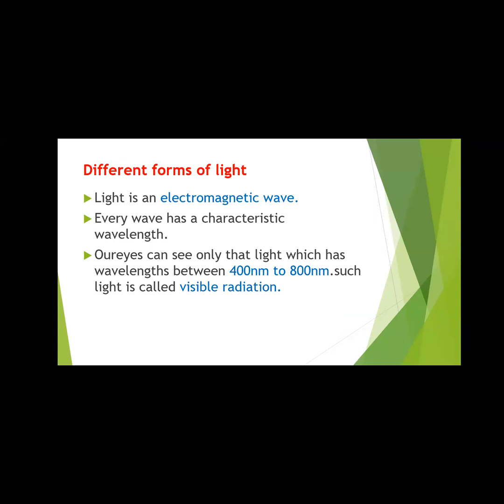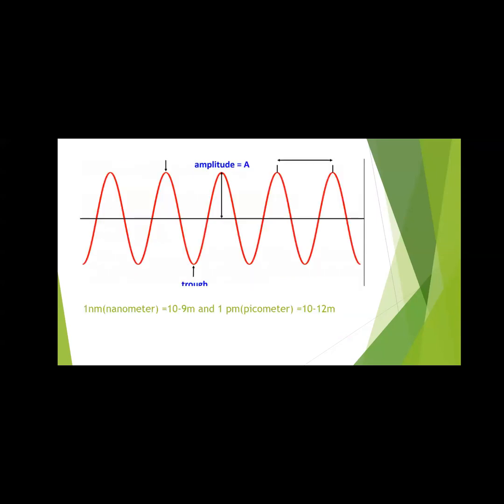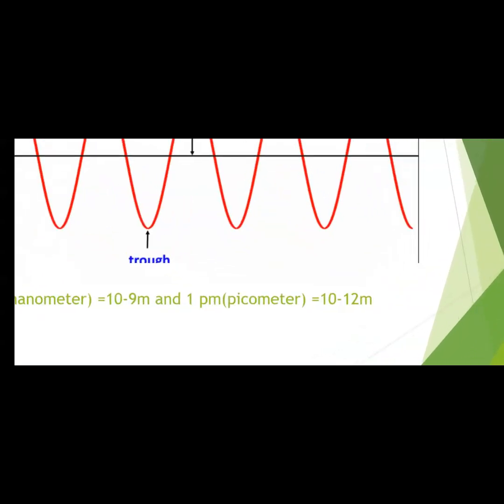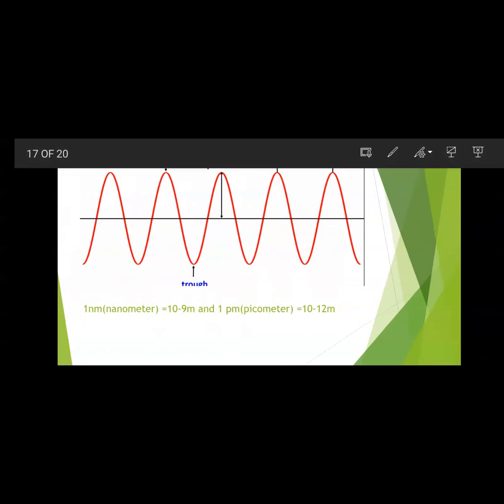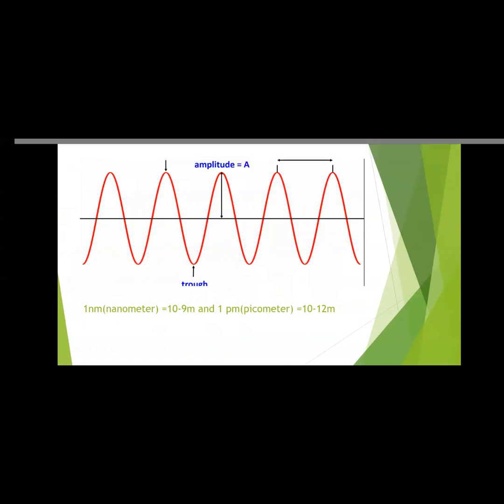Such light is called visible radiation, right? So you can see here. So we all know that the light travels in the form of a wave.